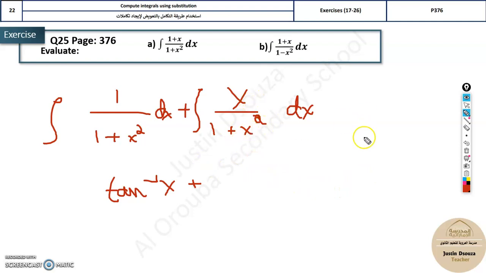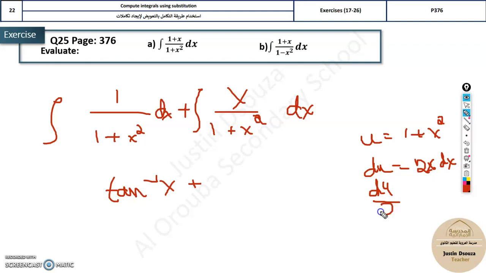So over here, I will consider u to be 1 plus x squared. Now it's fine because du will be 2x dx, and dx would be du by 2x. So now I can easily substitute over here, isn't it? X as it is, over here it is u, and dx is du by 2x.